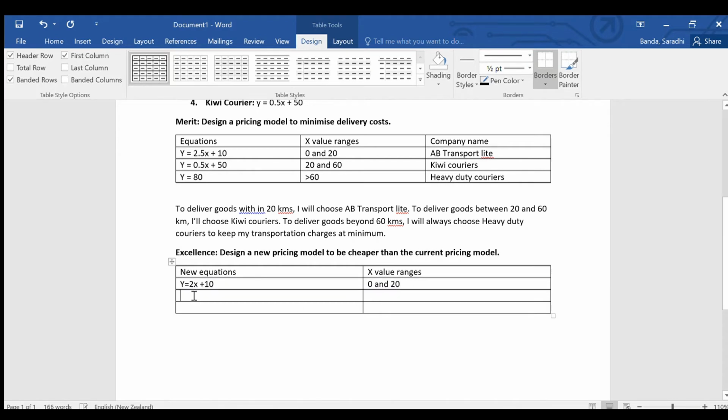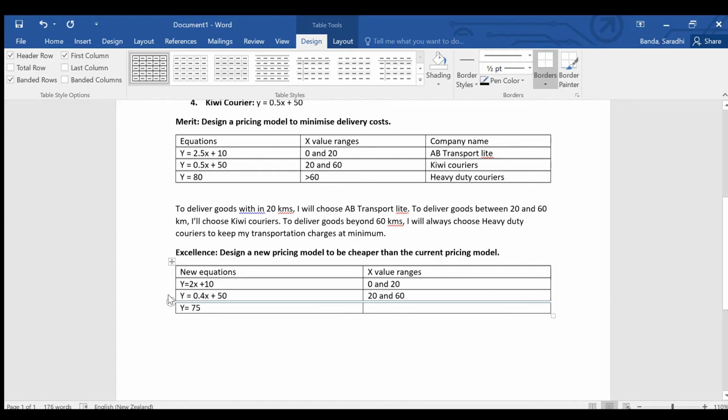The next suggestion is going to be y equals 0. Let's say I wouldn't go as low as 0.25. I'll just go with 0.4x plus 50, and I'm going to say this is going to be true for ranges between 20 and 60. And the last one, I'm going to be saying my fixed cost is going to be 75.